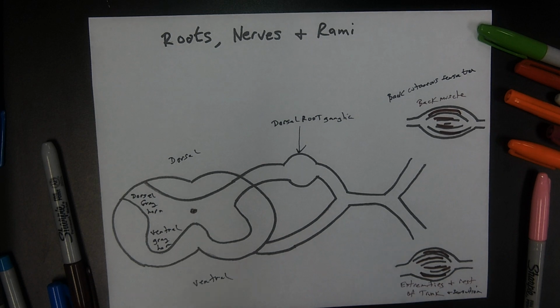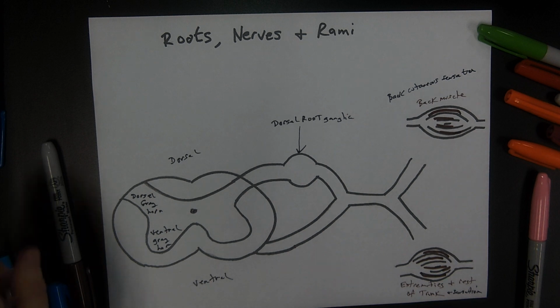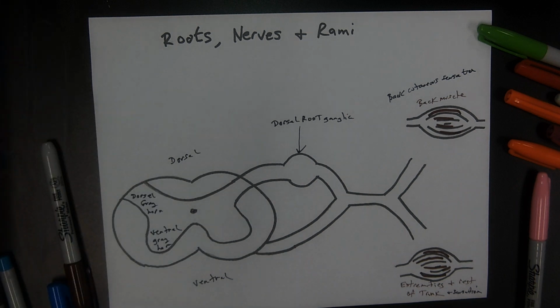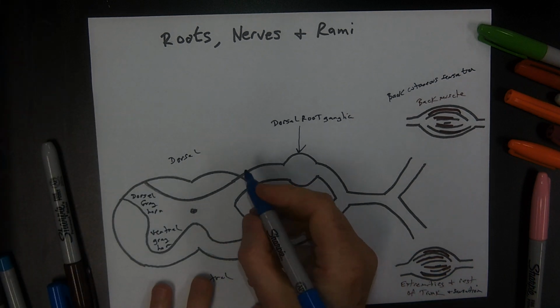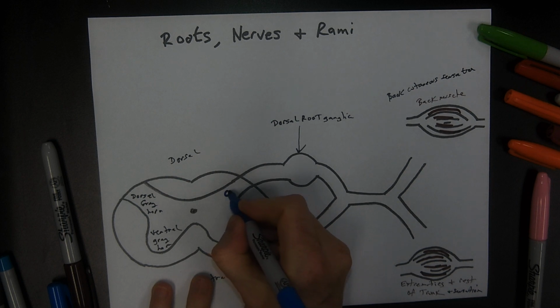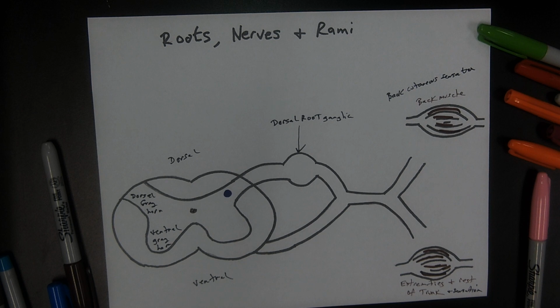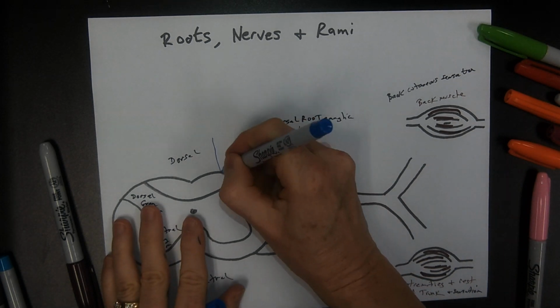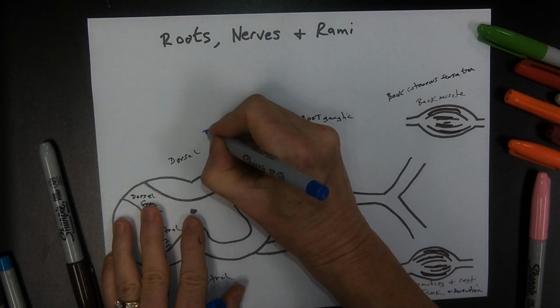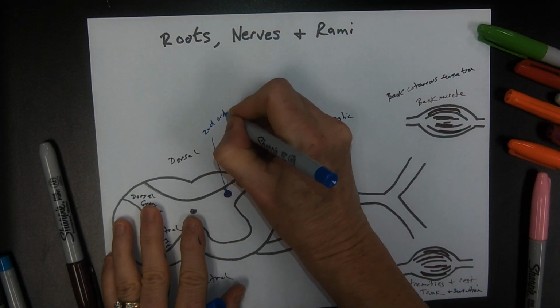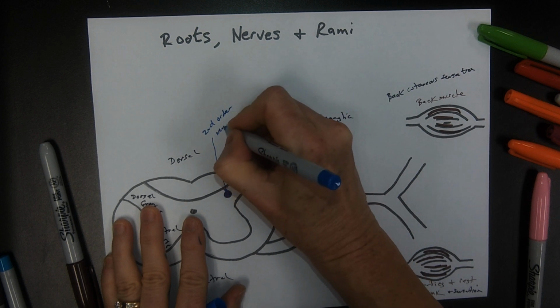Okay, central canal. And we talked a little bit about the dorsal gray horn containing neuronal cell bodies, second order neurons for the sensory system. So this would be a second order neuronal cell body.